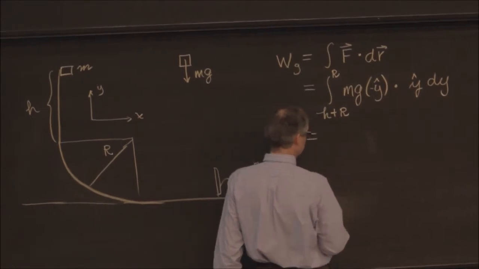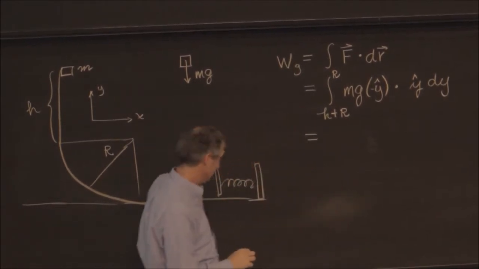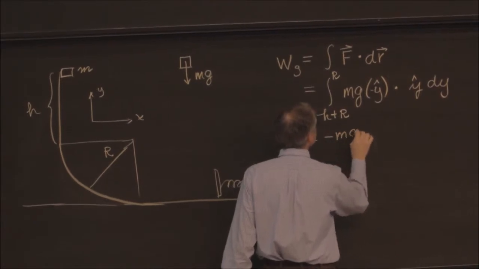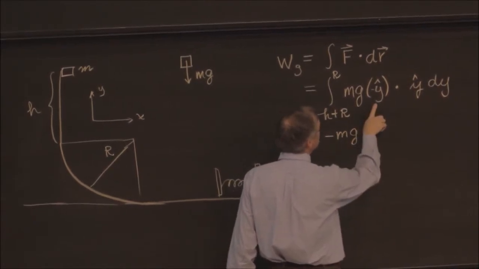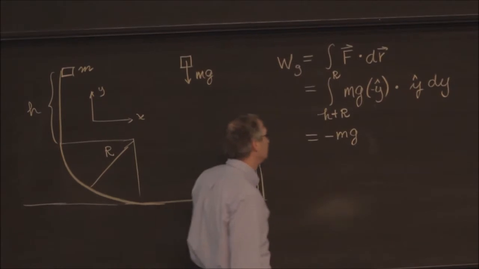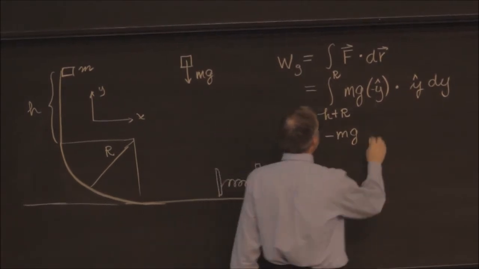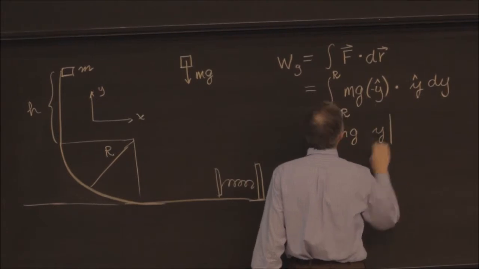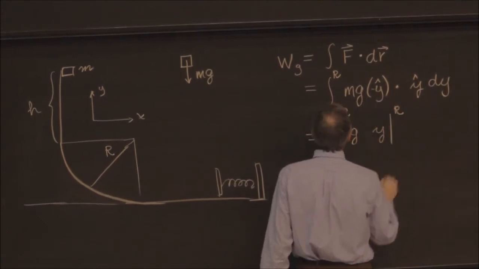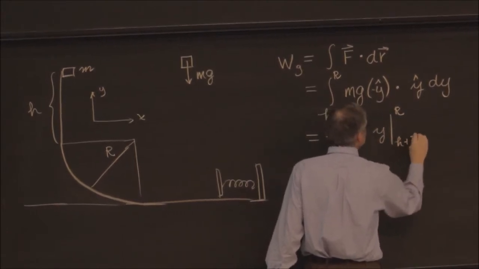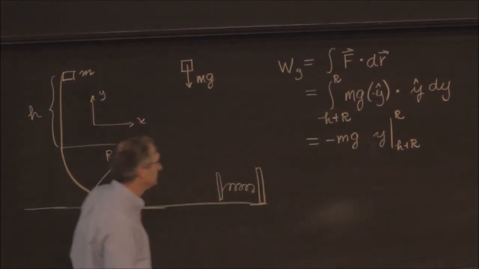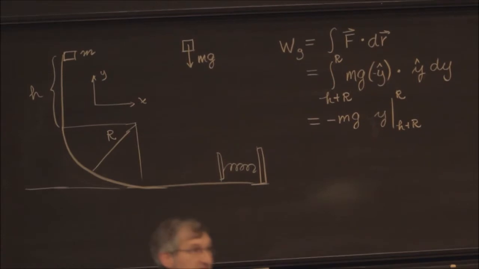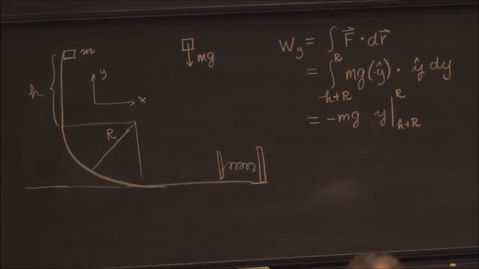Okay, so everything in this integrand is a constant, so I can pull it out. I have minus mg, y unit vector dot y unit vector is just 1. And I get the integral of dy, so that's y evaluated between the initial and the final position. So let's just hope that having done this, were you expecting positive work that gravity did as it fell?